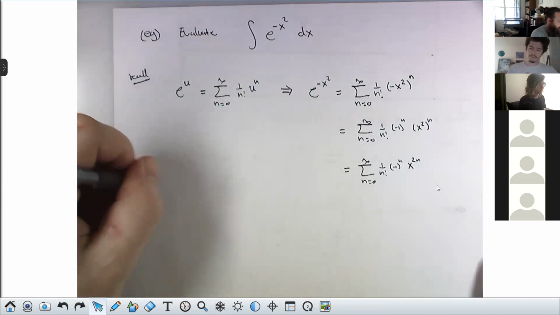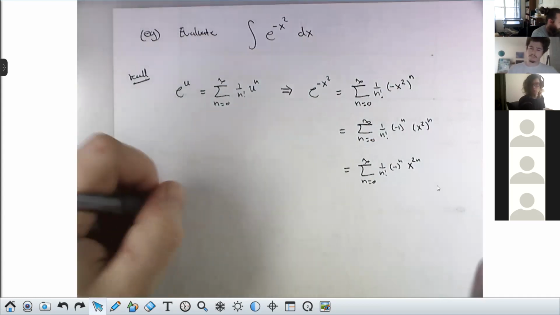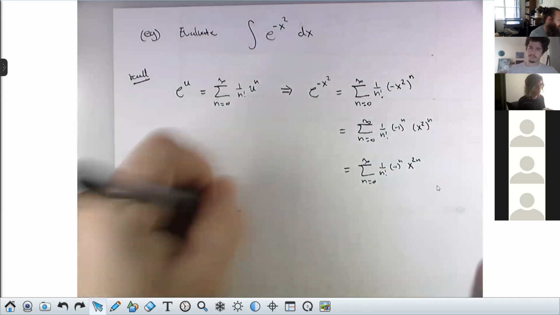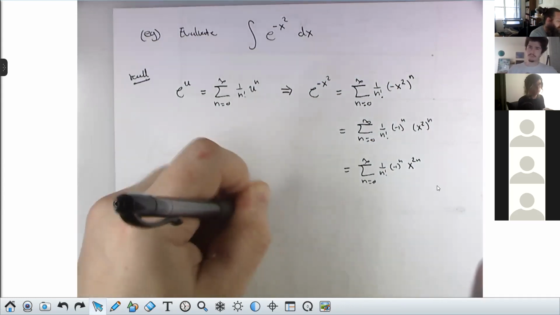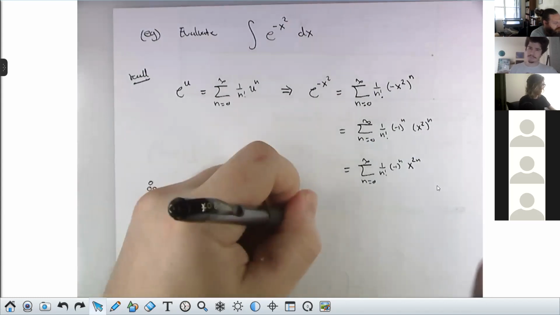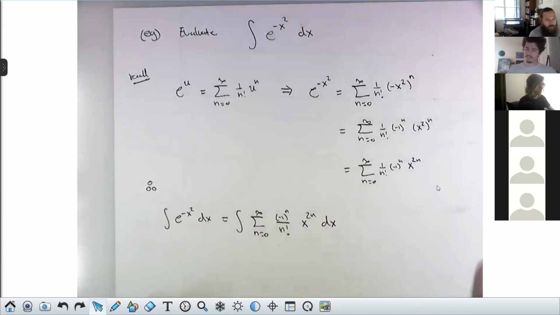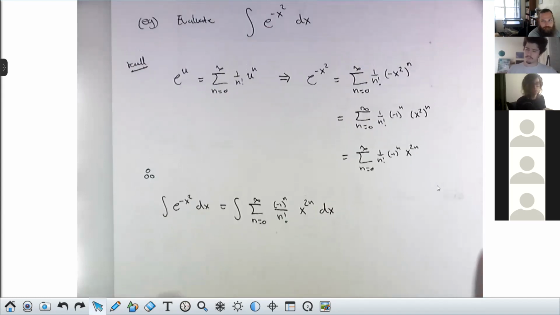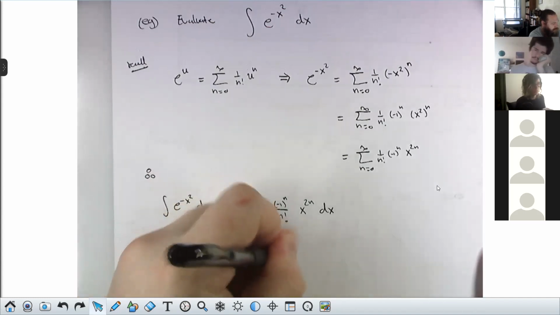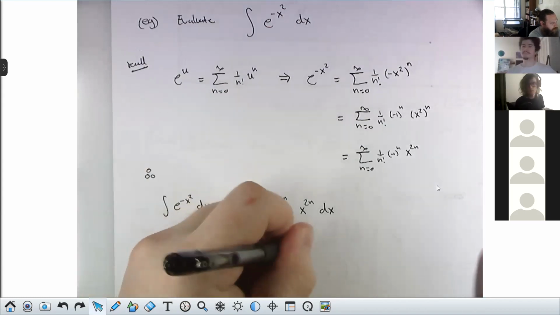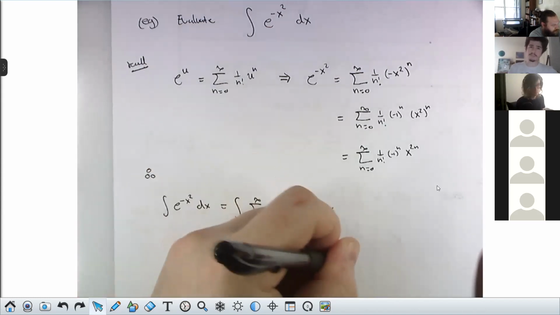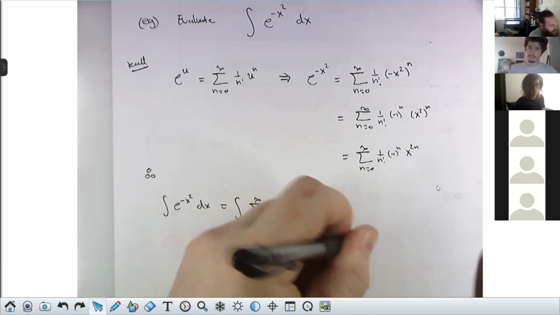Therefore, the integral of e to the negative x squared dx is equal to the integral of that series, the sum from n equals 0 to infinity of negative 1 to the n over n factorial, x to the 2n dx, which is C plus the sum from n equals 0 to infinity of negative 1 to the n over n factorial times 1 over 2n plus 1 times x to the 2n plus 1.